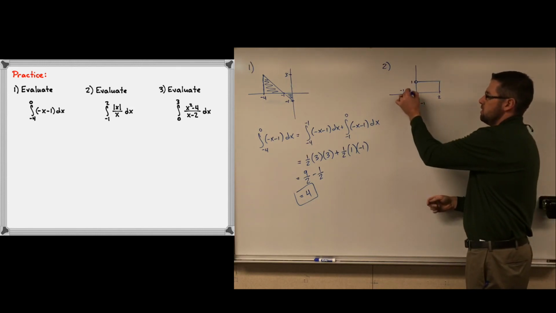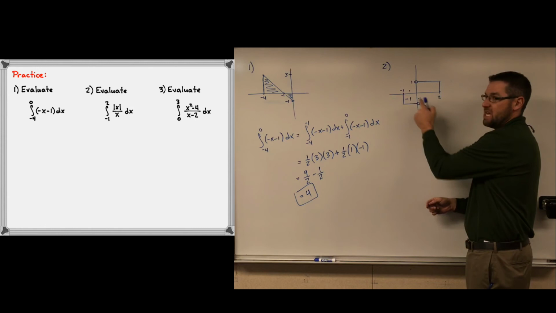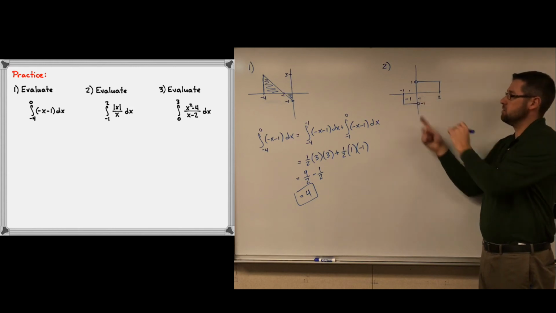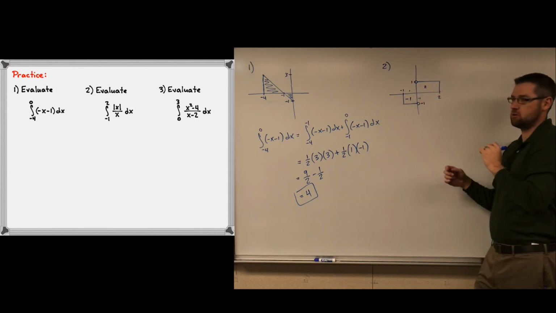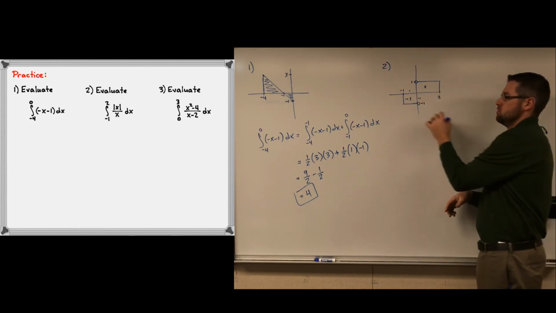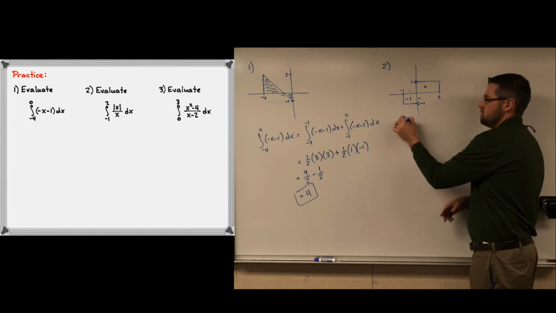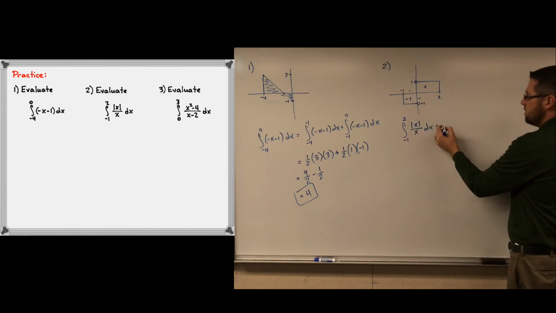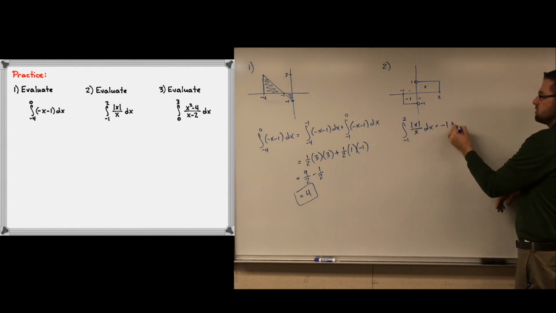So this is 1, and this is -1. So the integral is -1. What's the area? 1. The integral is -1. What's the area? 2. What's the integral? 2. So the integral from -1 to 2 of absolute value of x over x dx is going to be -1 plus 2.